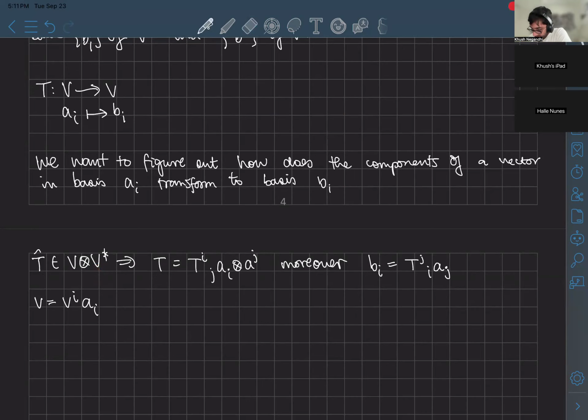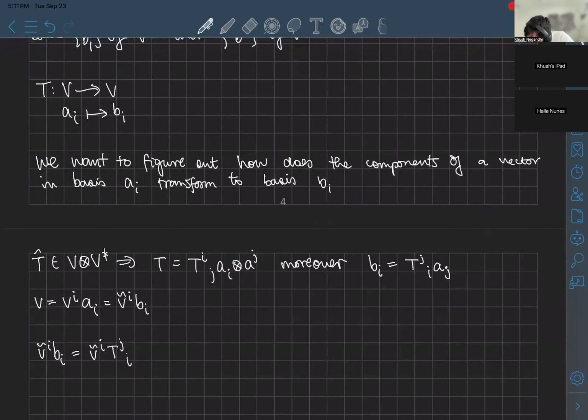But then I know that this has some other coefficients for the B_i. I know what B_i is in terms of A_i, so I can just substitute that in.